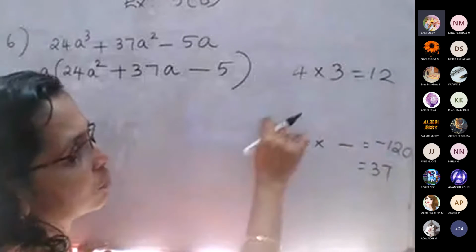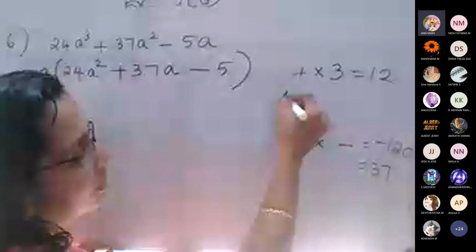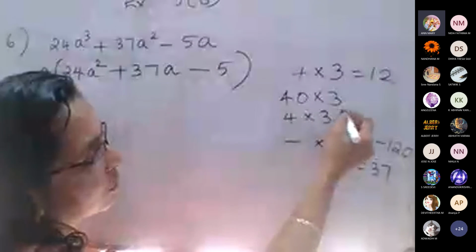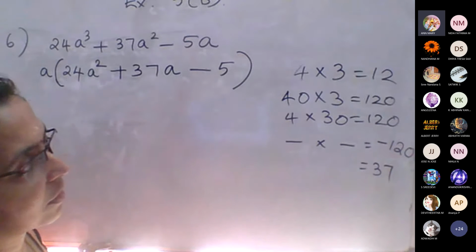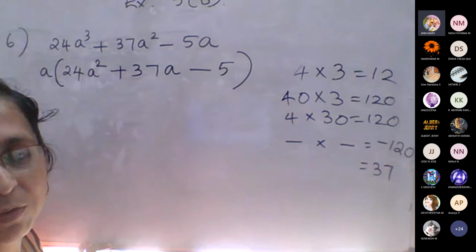Another method is rough calculation. 4 into 3 is 12. We need 120, so either it should be 40 into 3 or 4 into 30.